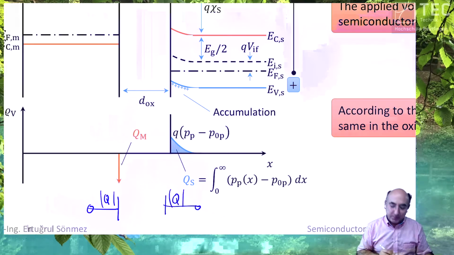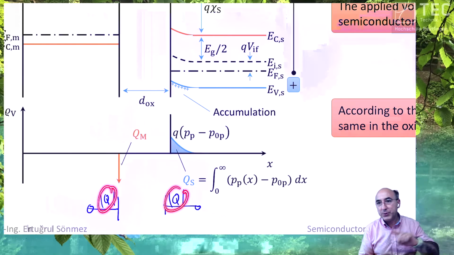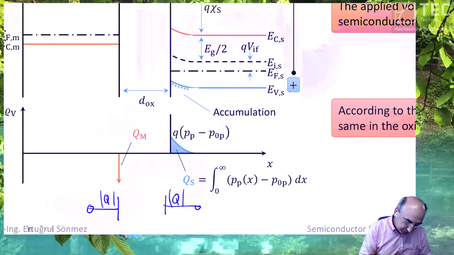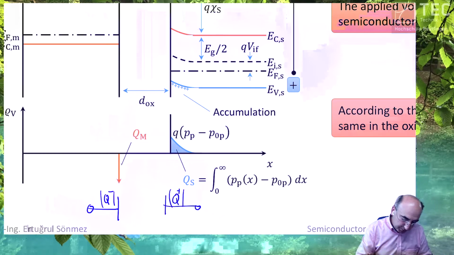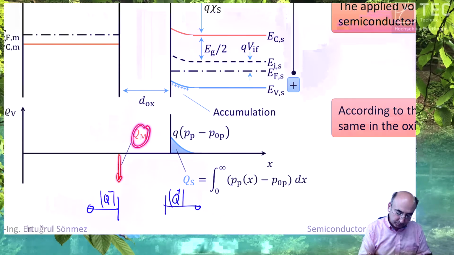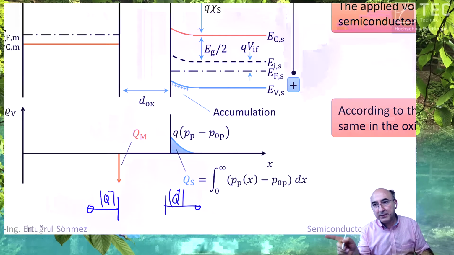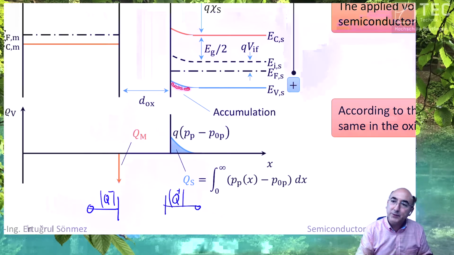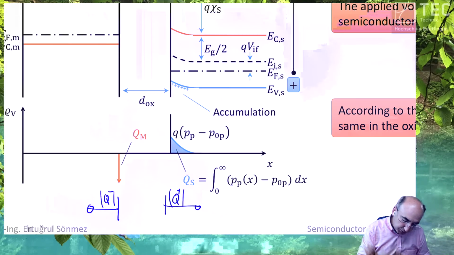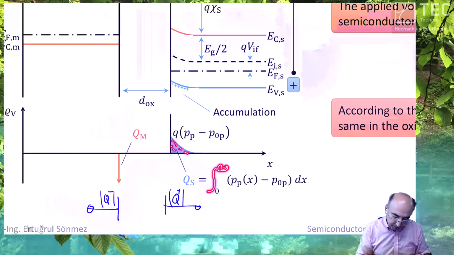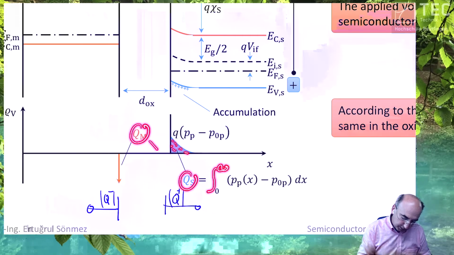A plate capacitor stores the same charge on both plates, but with opposite signs. So the metal stores electrons and expects some positive charges in the semiconductor. But the overall value, if you start to count these holes, if you integrate, then the Q's are equal.